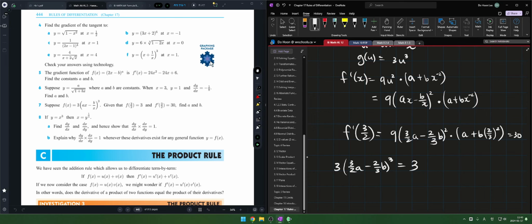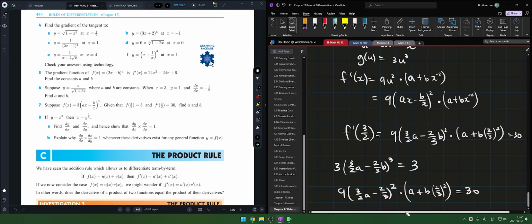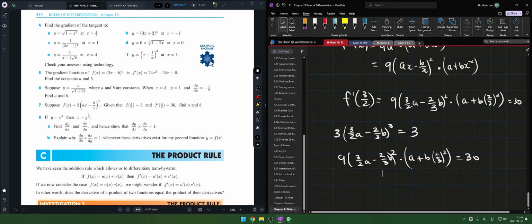We also know that 9 times (a minus 2 over 3 b) squared times (a plus b) squared equals 30. I forgot the b. It's like a very dirty question.